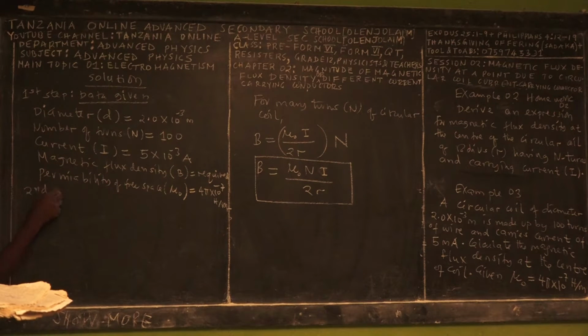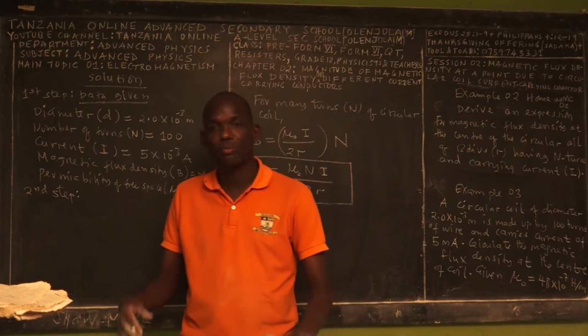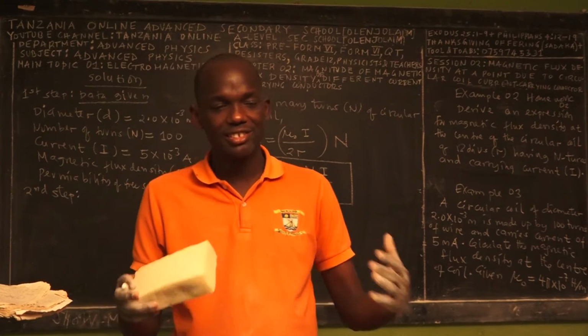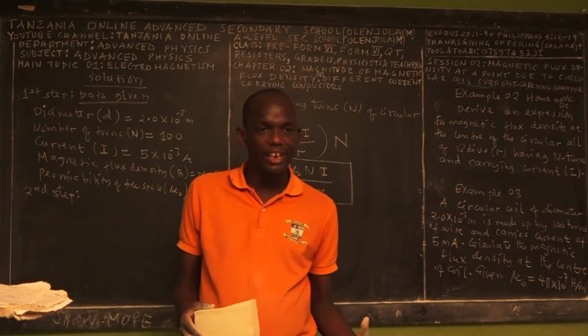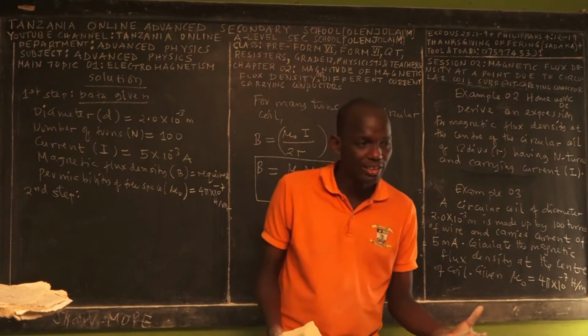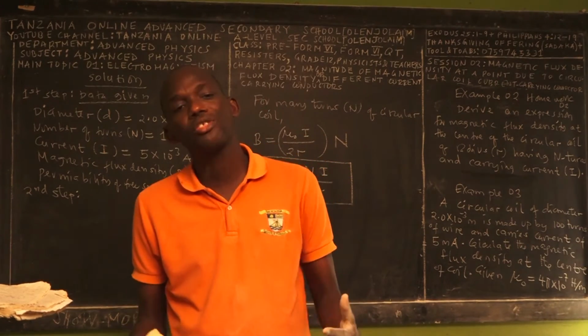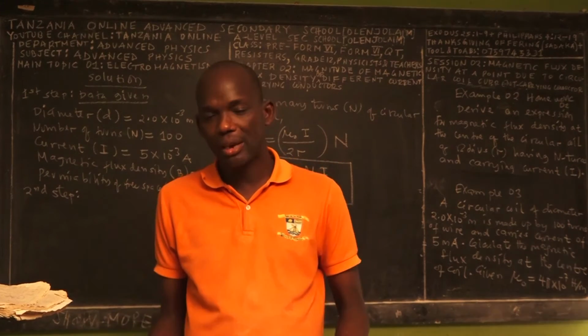Then we go for the second step. You have 2 options, because this is a paper 2 question. Remember that the electromagnetism questions in the Advanced Certificate of Secondary Education Examination in the United Republic of Tanzania are advanced physics paper 2 questions, which are worth more than 20 marks.